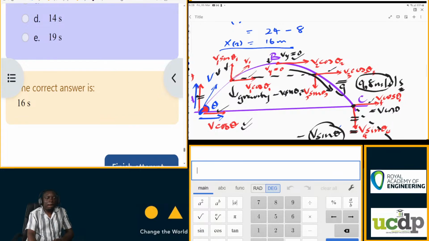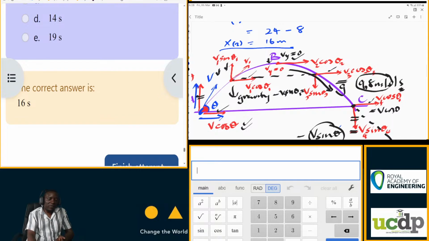In summary, the gravitational acceleration acts downwards. Thus, if I project a body upwards, there is a force of gravity that opposes the motion of that body.